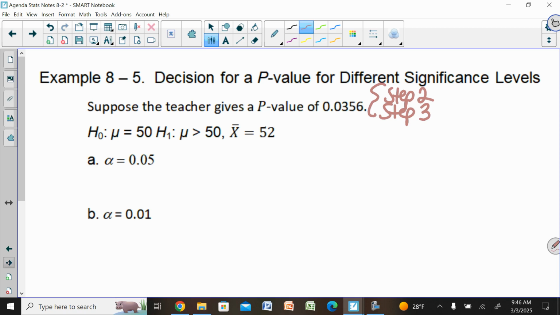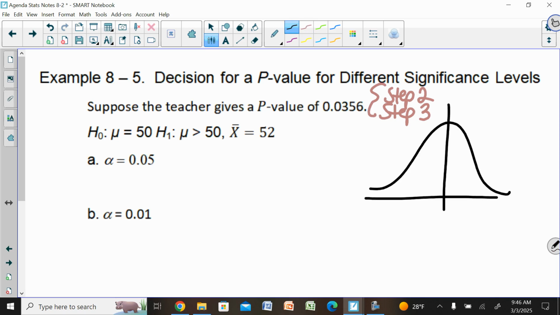So notice my H sub 0 is mu equals 50, and my alternative hypothesis is mu is greater than 50. So it's a one-tailed test. This x bar equals 52 doesn't matter. That was just needed to calculate step 2, so you can just disregard that.